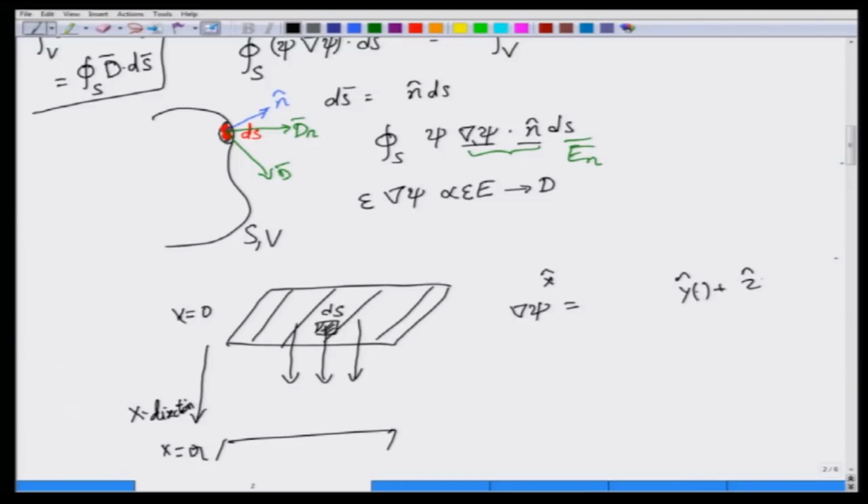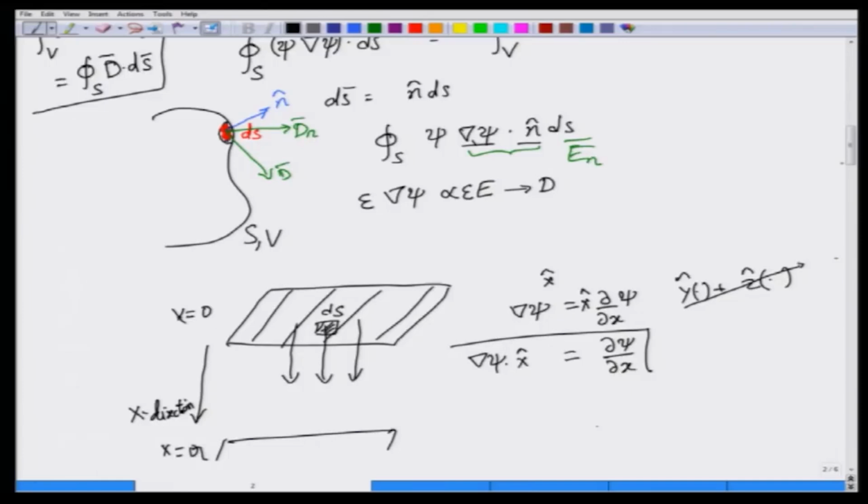Let us not worry about those terms, because when you take the dot product, these terms will be left out. So, you have del by del x of psi in the x direction, and when you take the dot product of del psi with the normal to the surface, which happens to be along the x direction, you get del psi dot x hat to be del psi by del x.